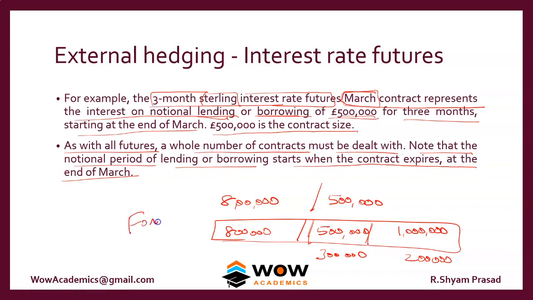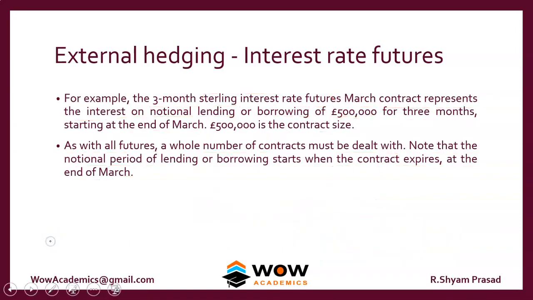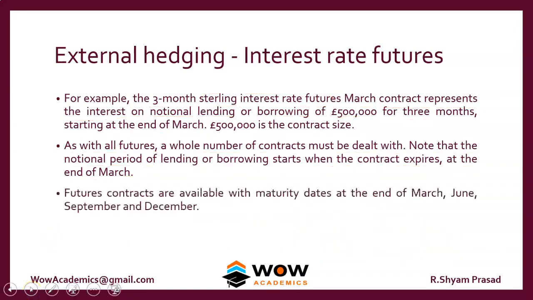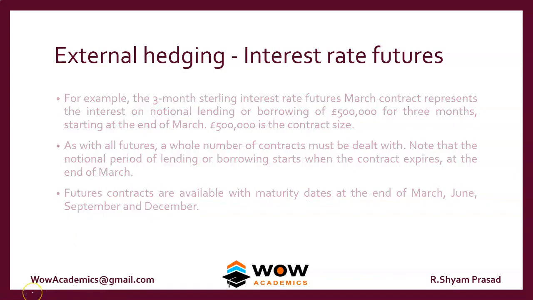In forwards, you can create any contract as per the amount that you want. That's why forward contracts are very famous when compared to futures contracts. Futures contracts are available with maturity dates at the end of March, June, September, and December. So these are the ending or maturity dates for a futures contract, and they are also fixed.